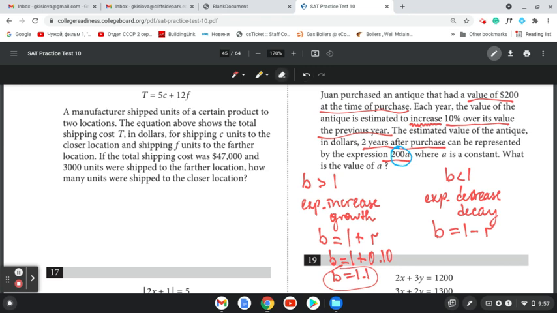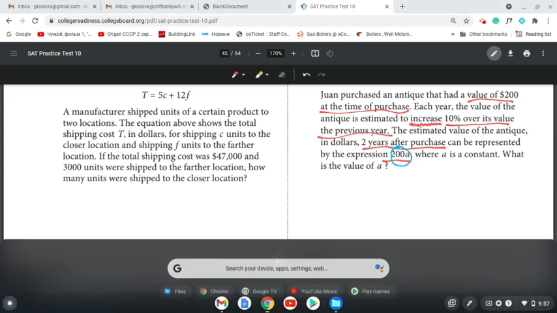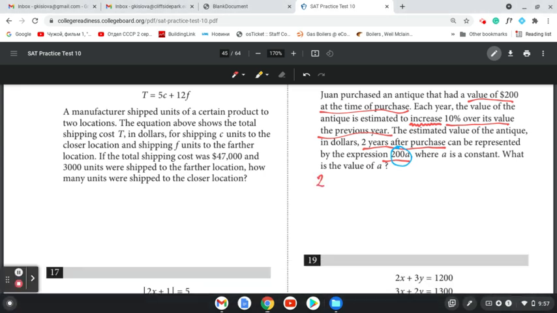And now quickly I'm going to cover how you could solve this problem in another way if you don't think of exponential functions. So they're saying in the beginning the antique is valued at 200. After 1 year, it's going to increase 10%, right? So it's going to be 200 plus 10%, which is 0.10 of 200.